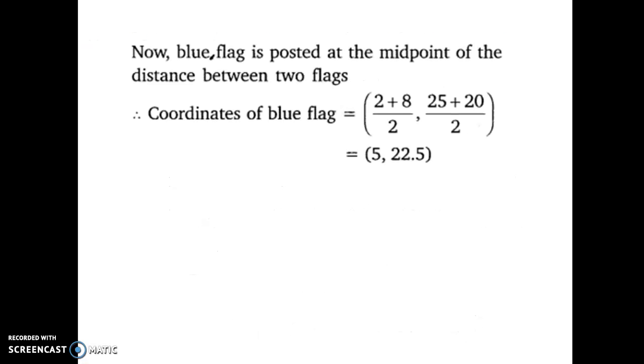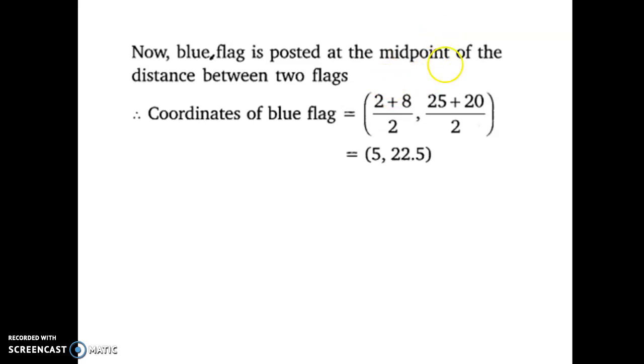Now we have to find out the midpoint. Blue flag is posted at the midpoint of the distance between the 2 flags. So if it is in the ratio of 1:1, either you can use the formula which we used in the previous problem, no problem, or there is one more formula, the midpoint formula.